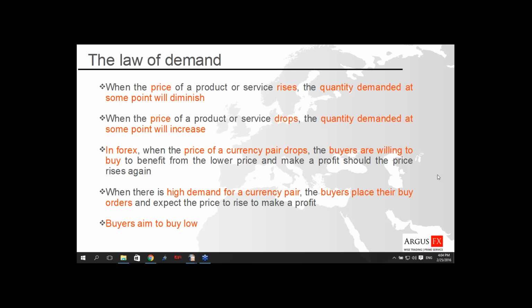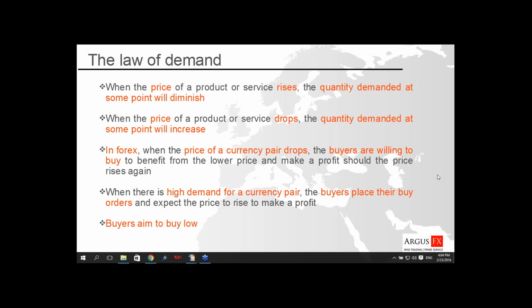The price will be so high that buyers will not be that interested to buy that product or service. On the other hand, when the price of a product or service drops, the quantity demanded will increase. So in other words, when the price of a good drops, there are going to be many buyers interested to buy the product or the service.